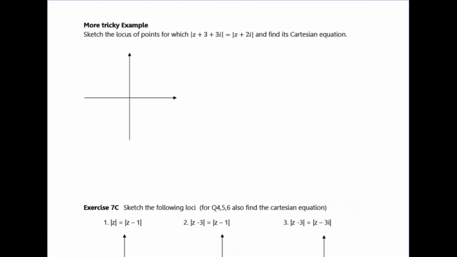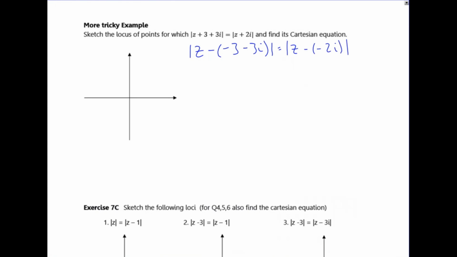A bit of a trickier one. We're sketching this locus and finding the Cartesian equation. The first thing to do is rewrite this: mod z minus 3 equals mod z plus 2i.